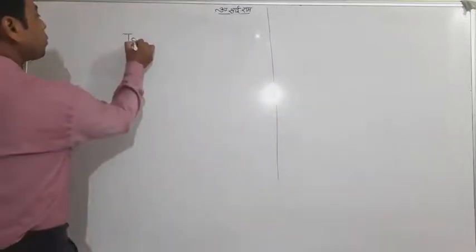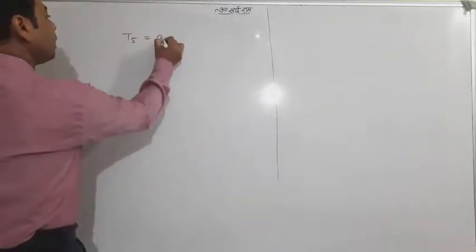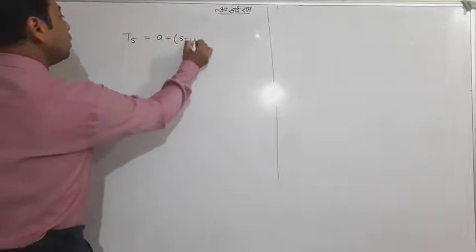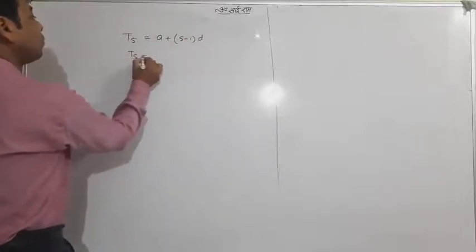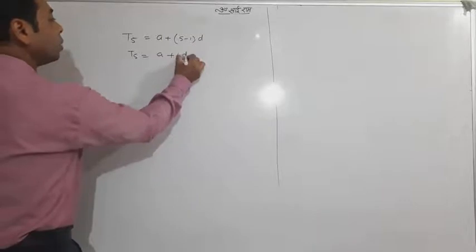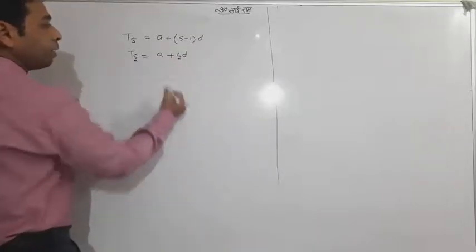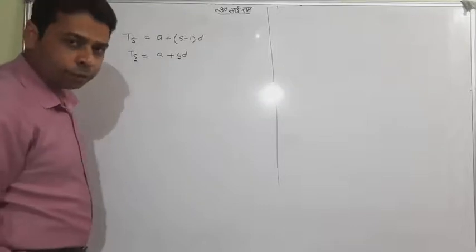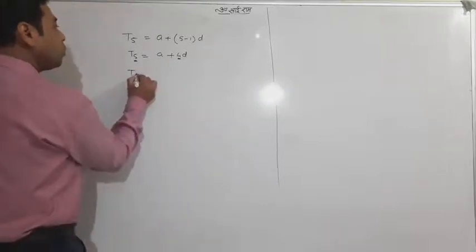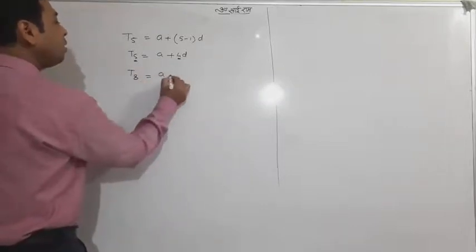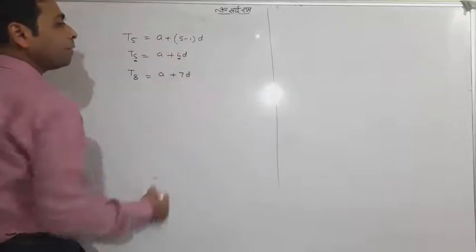If you want to find the fifth term, you write the formula A plus (n minus 1) into D, so T5 equals A plus 4D. So make a trick in your mind that when the fifth term is asked, the coefficient of D will be one less, 4. Suppose you are told to find the 8th term, you can reply directly, it's A plus 7D.